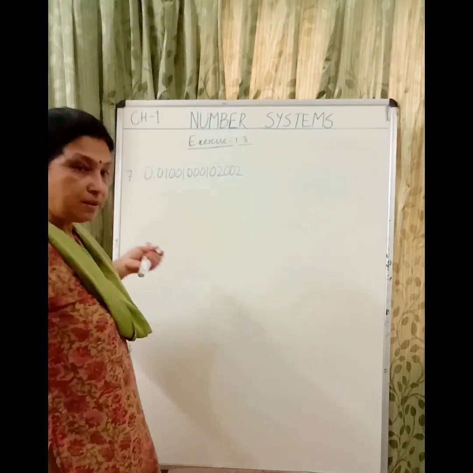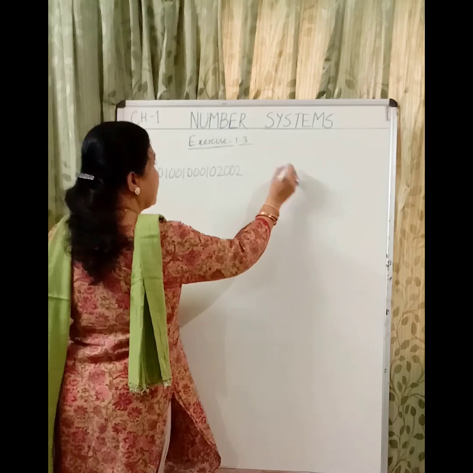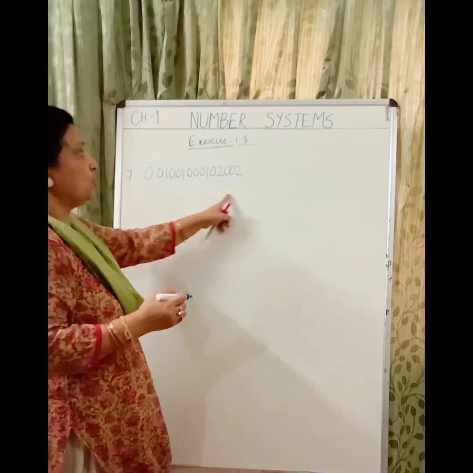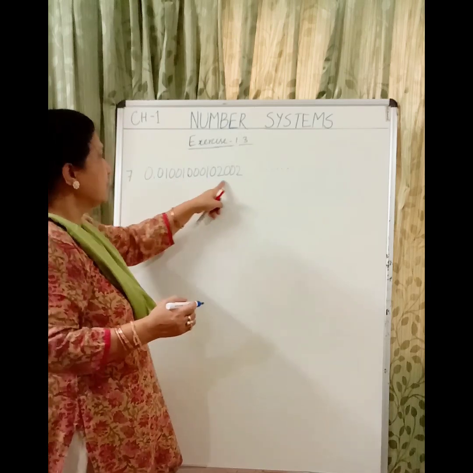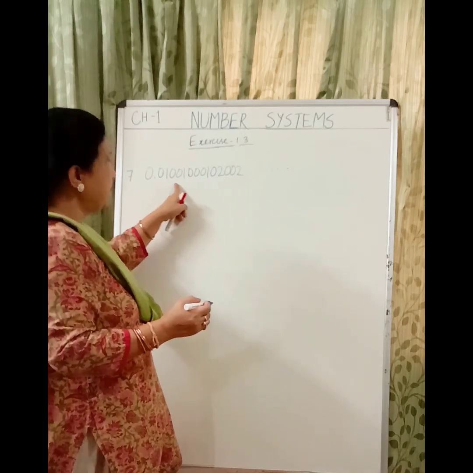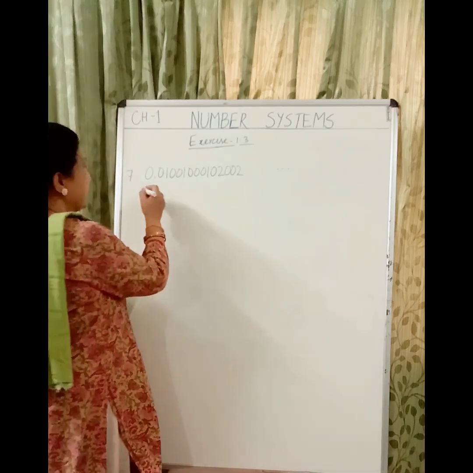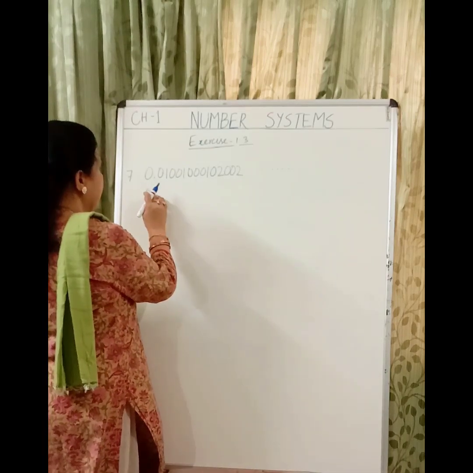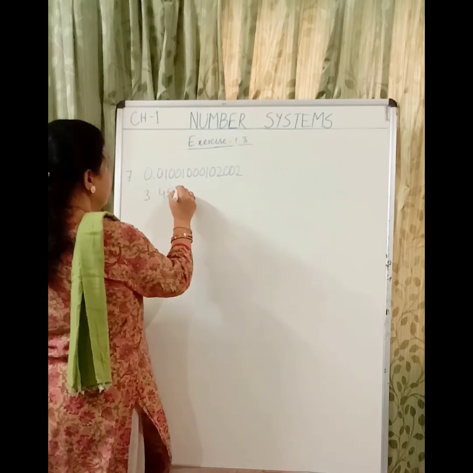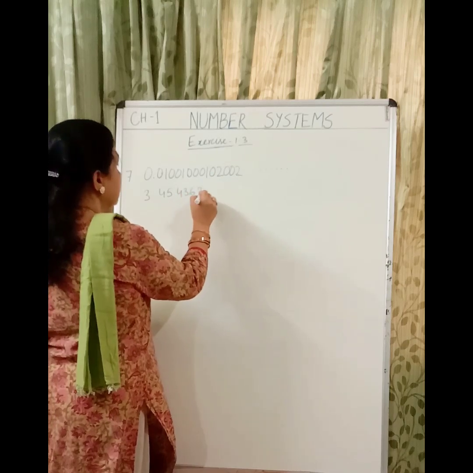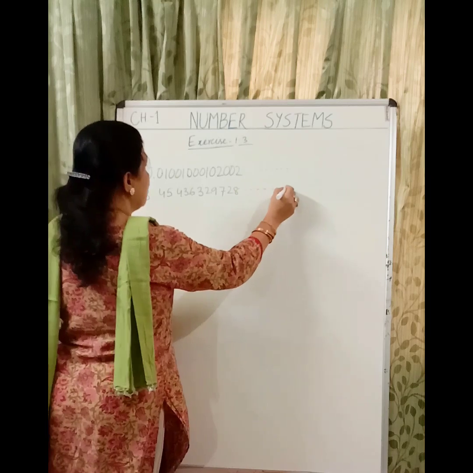And here, as you can see, this is not a terminating decimal, and none of the digits are coming as the repeating or the recurring decimal form. This is one of the examples. Another example we can take is 3.45, 436, 329, 728, and so on.